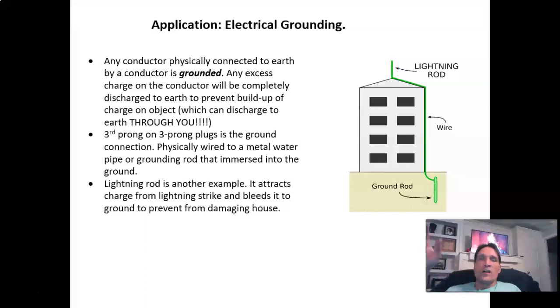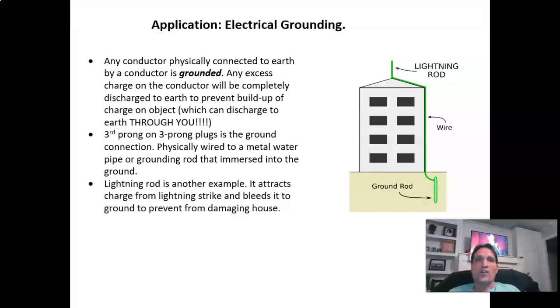Well, you touch the metal body of the car, and if there's lightning, charge builds up on the car, right? If there's charge, that charge wants the easiest path to ground. And it can't get to ground through the tires because they're rubber. So if you touch the metal, the easiest path for this charge to go to ground is through you.